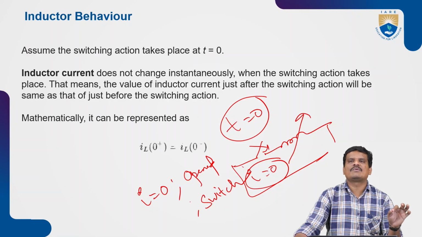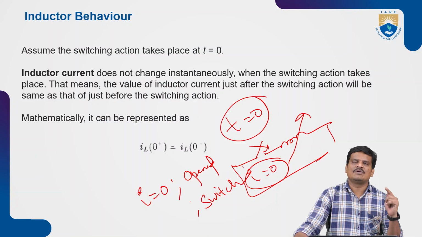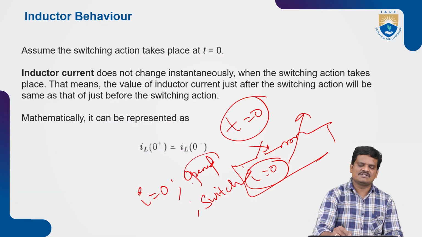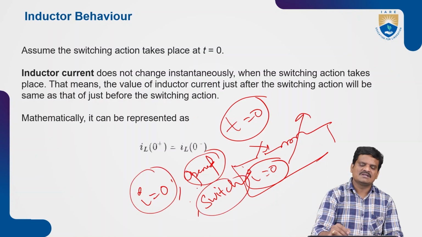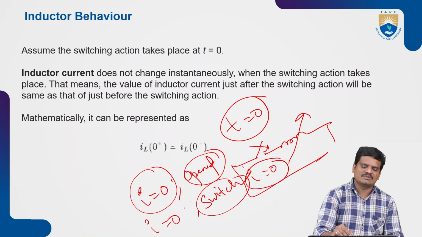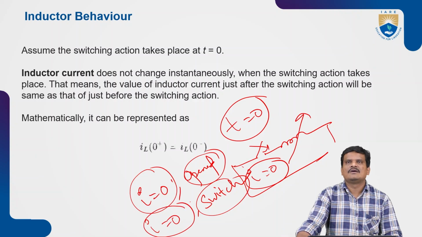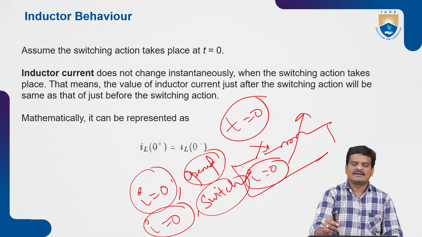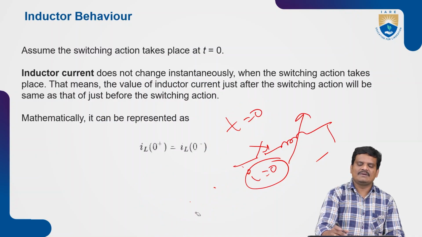But due to the special property of an inductor, that it opposes sudden changes in the value of current, before closing the switch, that is, when the switch is open, the value of current is 0. And when I have closed the switch, the current will still be 0 for a certain period of time because of the property of an inductor. That is the final conclusion of how the inductor will behave here.